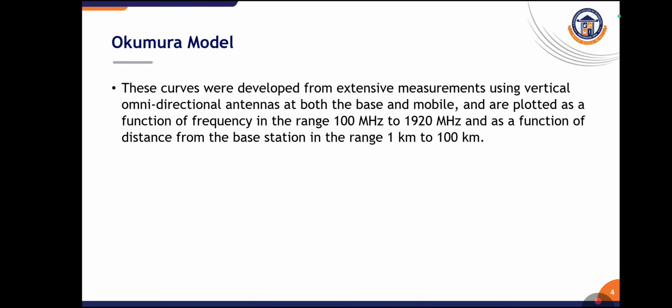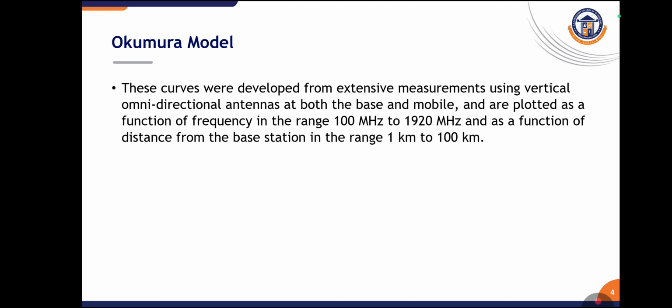These curves were developed from extensive measurement using vertical omnidirectional antennas at both the base and mobile, and are plotted as a function of frequency in the range of 100 megahertz to 1920 megahertz, and as a function of distance from the base station in the range of 1 kilometer to 100 kilometer.